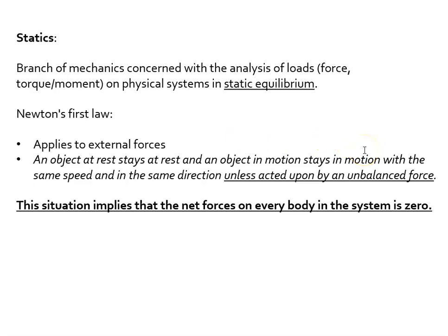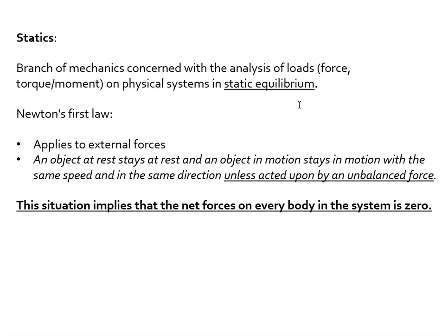So we've heard this. So this situation implies that the net forces on every body in the system is zero. So this is the big conclusion, basically, and it goes back to the principle of equilibrium, that whatever force the building is pushing down on the earth, the earth is pushing back with that same amount of force.